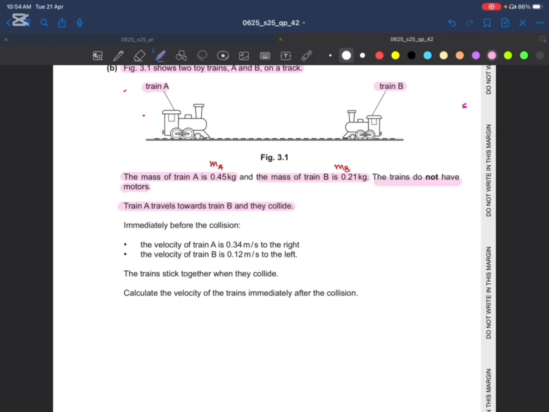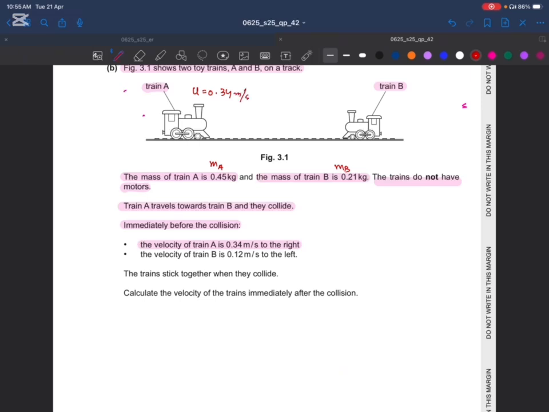So they are saying that train A travels towards B, meaning train B is not moving, only train A is moving. Let's see what they are saying. Immediately before the collision, the velocity of train A is this much to the right. The initial velocity of train A is given as 0.34 meter per second.